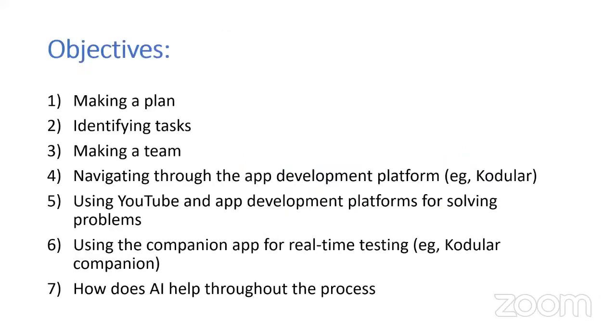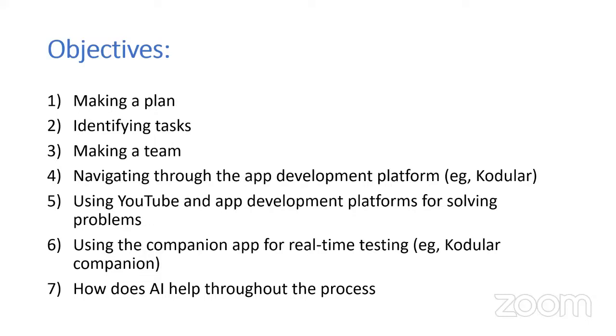The objectives by the end of this presentation are to learn how to make a plan and how to identify tasks that you are going to distribute to your team members. Also, how to make a team. The fourth objective is how to navigate through the app development platform. I'm going to use Codular because I am familiar with this platform.